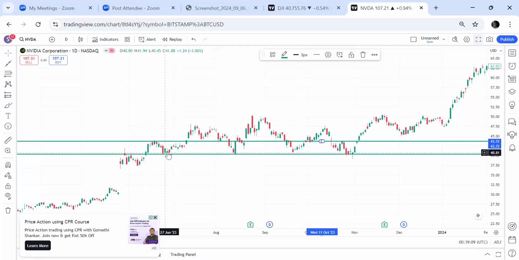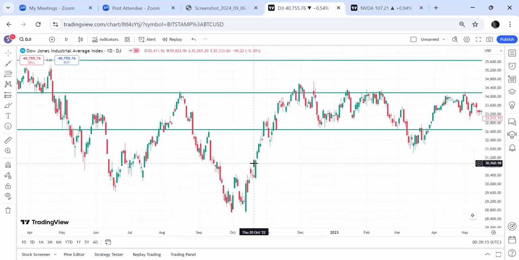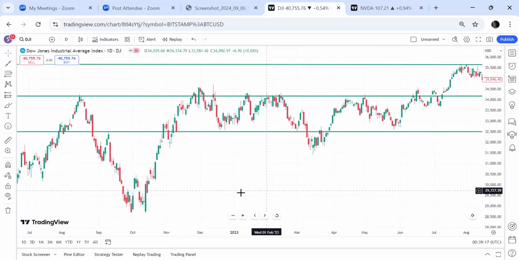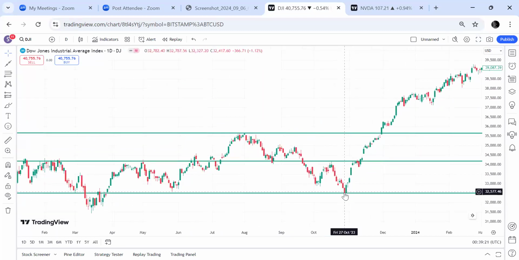Let's say, for example, here it is a bullish engulfing pattern, and the next candle gave us the confirmation. It forms a doji candle, but still the concept is that it has to close above the previous close.